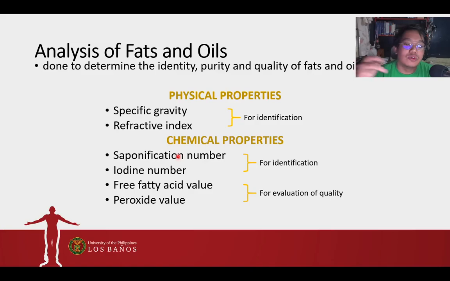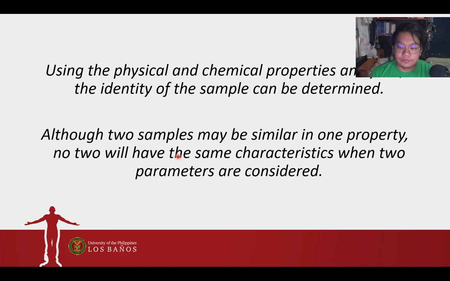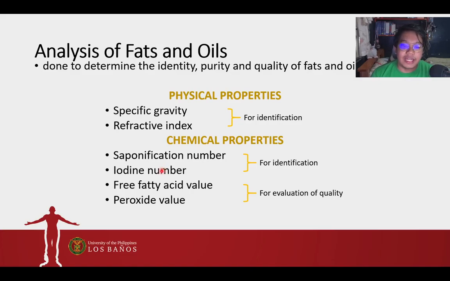But as you pair it with a chemical property, the values can differ. By then, you can identify your unknown oil. So, you should do at least 2 tests of properties to determine the identity, the purity, and the quality of your fats and oils.